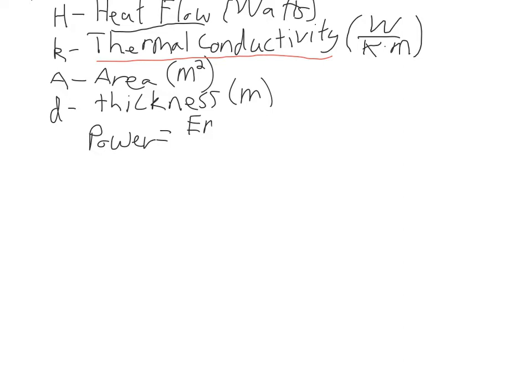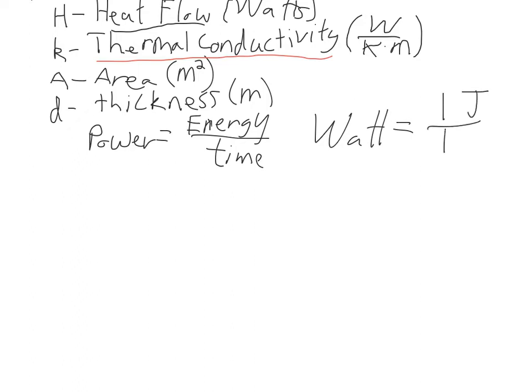It's really a rate at which energy is being consumed or expended. And so power is measured in watts, because 1 watt is 1 joule over 1 second. So the units for our heat are going to be watts.